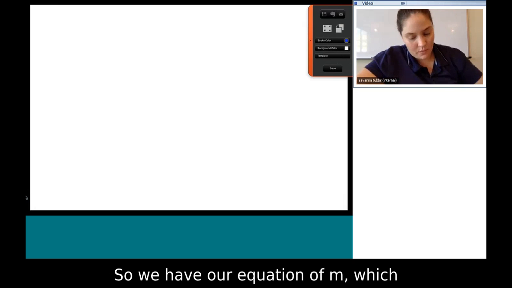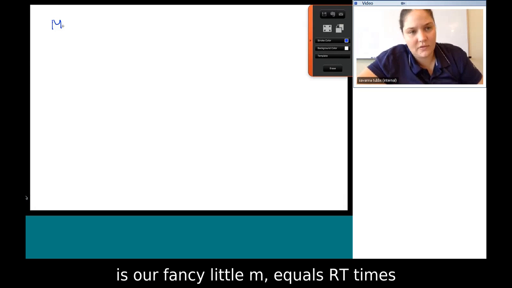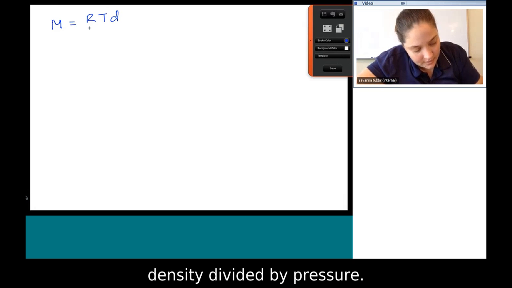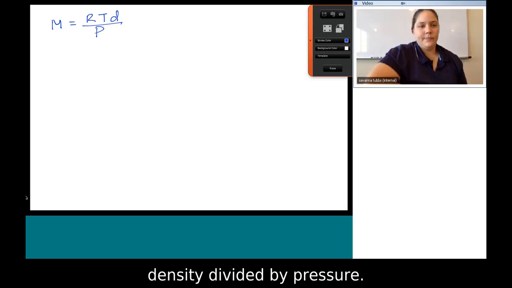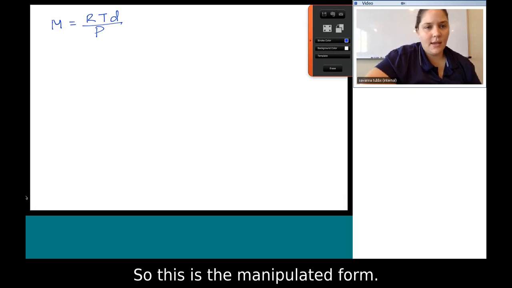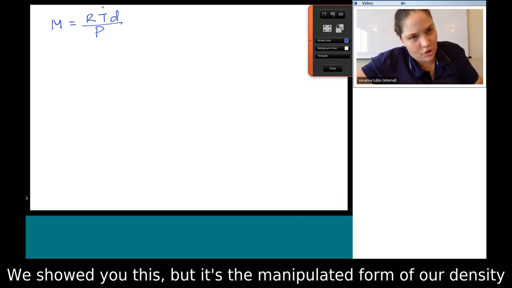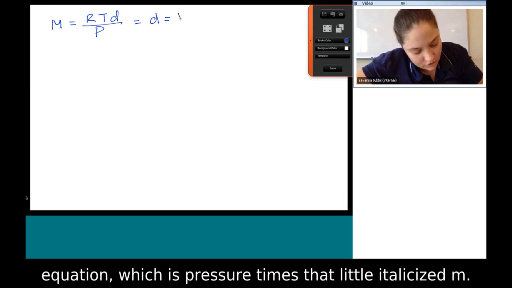So we have our equation of m, which is our fancy little m, equals our T times density divided by pressure. So this is the manipulated form. We showed you this, but it's the manipulated form of our density equation, which is pressure times that little italicized m.